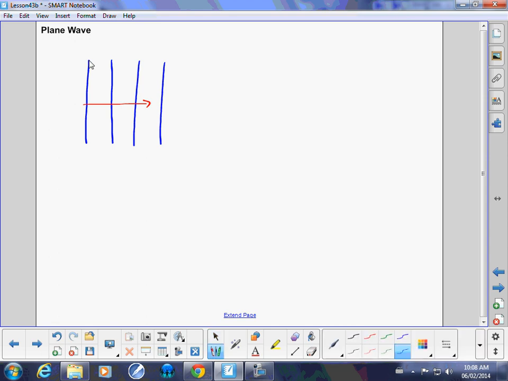If these plane waves were to meet an object or strike an object, then the angle of incidence would equal the angle of reflection. So I'm going to try to just kind of sketch this out. So here's my blue wave striking the barrier. That angle I'm talking about, this angle right there. So there is your angle theta.